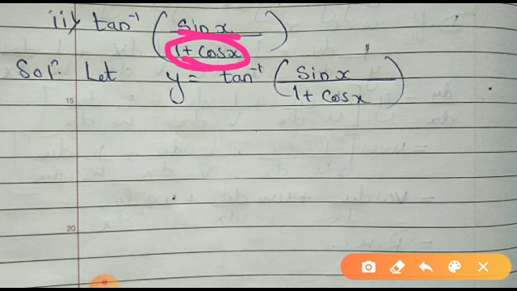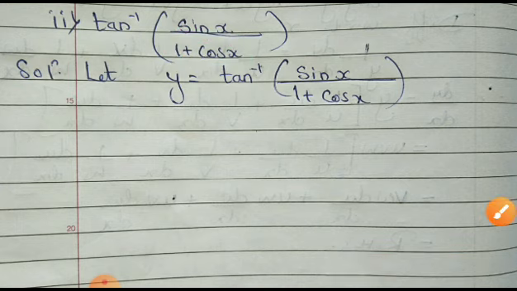And what was sin 2 theta? It is 2 sin theta cos theta. That means everywhere the angle becomes half. So now here the numerator is sin x. Can I write sin x as 2 sin x by 2 into cos x by 2? Yes.